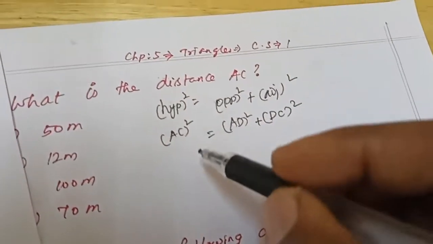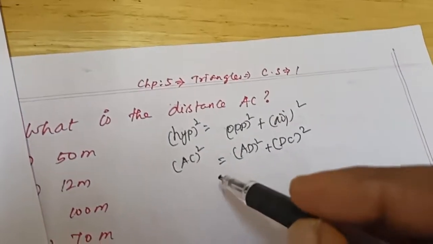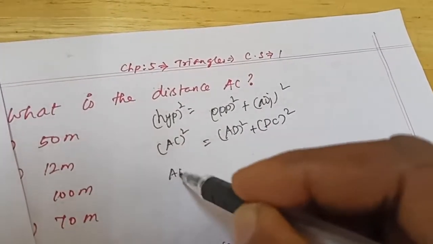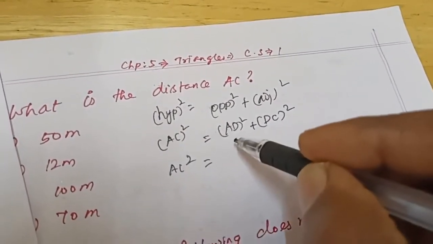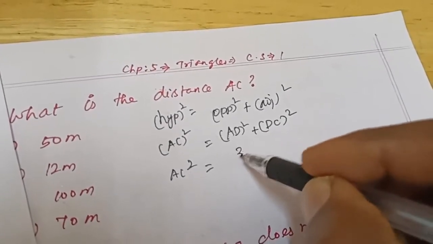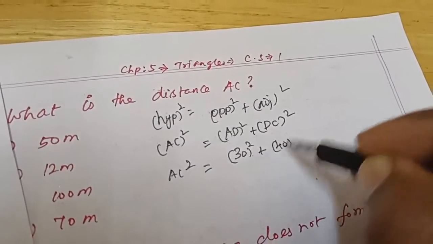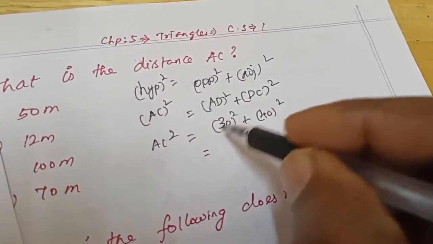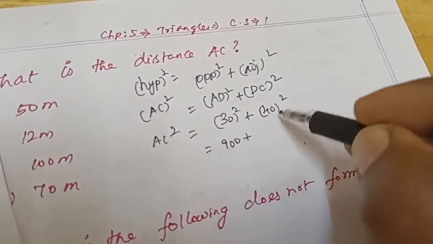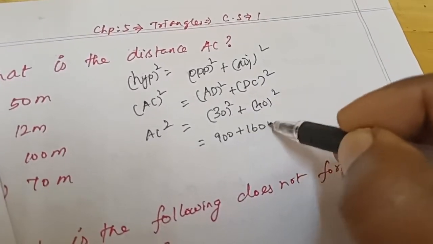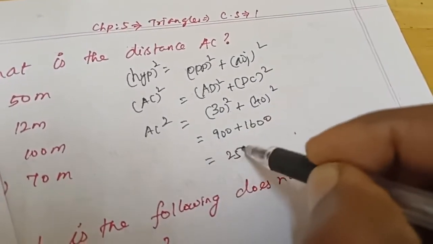What is the value of AC? AC square is equal to AD square, and AD value is 30, so 30 square, plus DC value 40, so 40 square. 30 square is 900, plus 40 square is 1600. So it will become 2500.